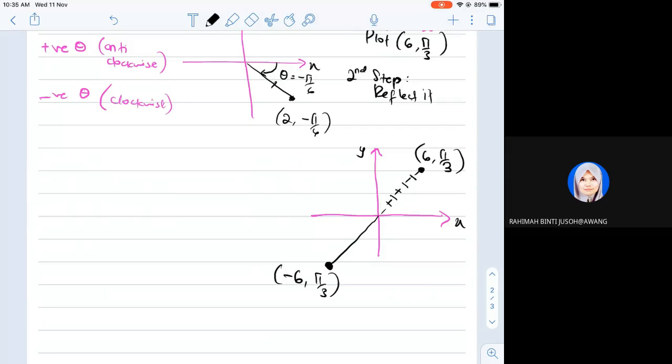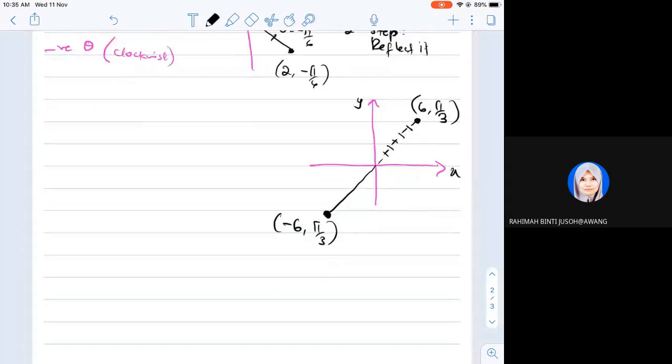Now guys, if I ask you, what are the other names for this point? Apa lagi nama lain bagi titik ni? Kita boleh denote sebagai apa lagi? Can I denote as 6, negative pi over 2?